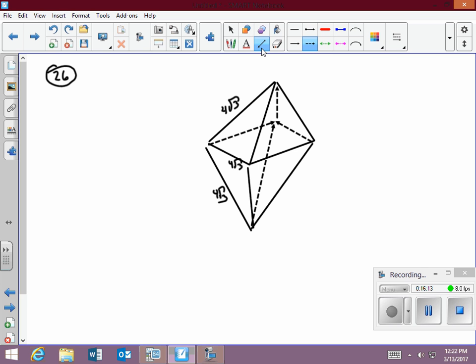So what we basically have to do, let's go in here. That green line is the height.